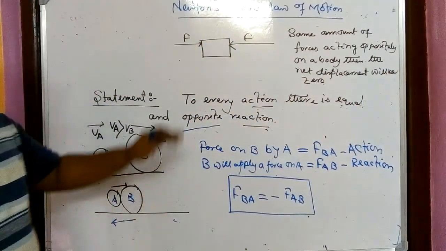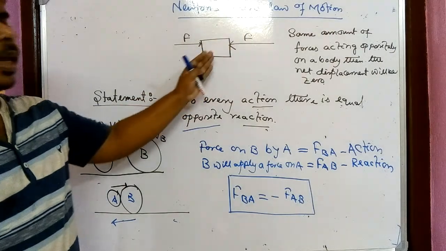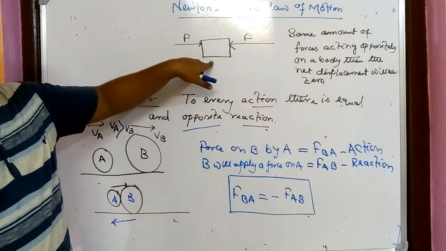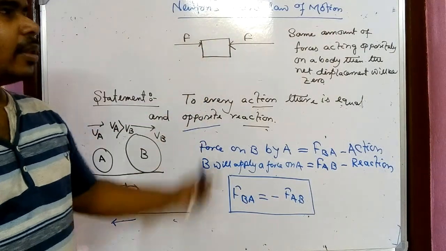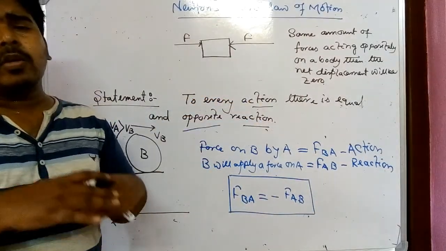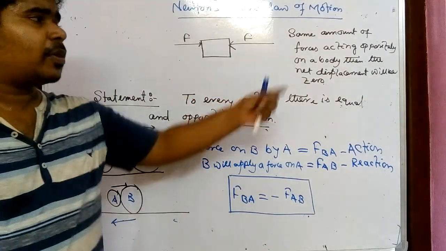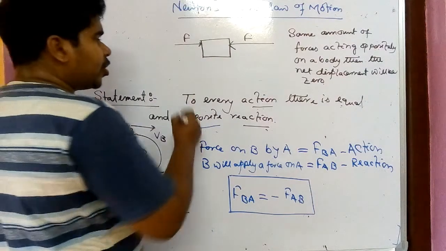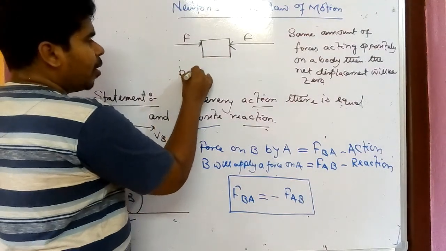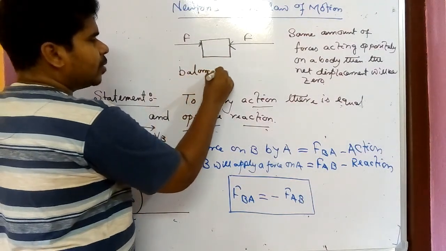Because if the same amount of force is applied on a body from opposite sides, there will not be a displacement. The displacement will be 0, and this condition is known as balanced force.